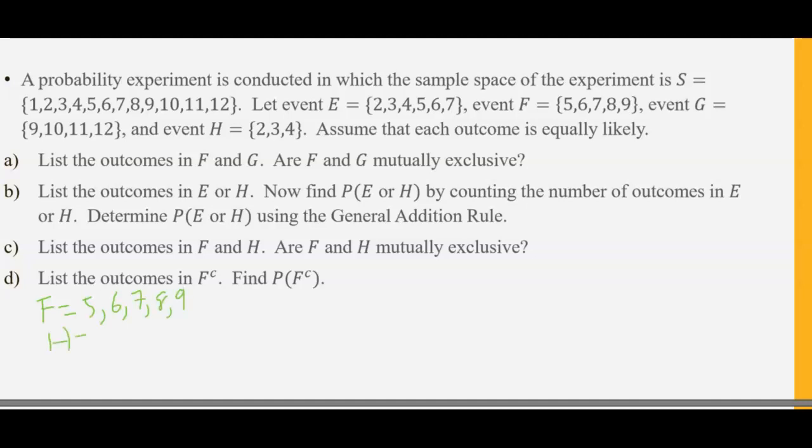H is equal to 2, 3, 4. Next question, are F and H mutually exclusive? Looking at F and event H, both of them have nothing in common. Since they have nothing in common, these two events are called disjoint, or also mutually exclusive. So our answer would be yes, mutually exclusive.